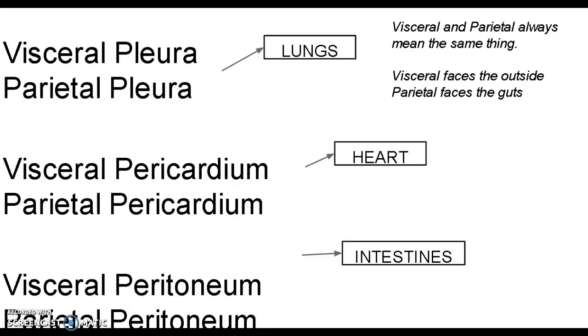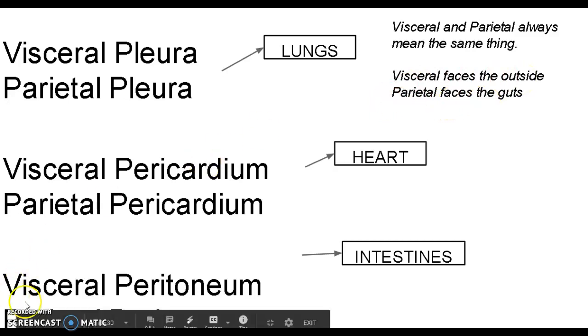Visceral and parietal serous membranes have exactly the same function, so it is easy to get these mixed up. But the thing to remember is that visceral faces the outside and parietal faces the guts.